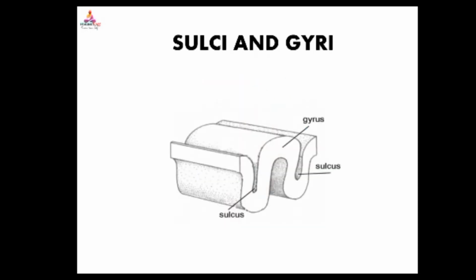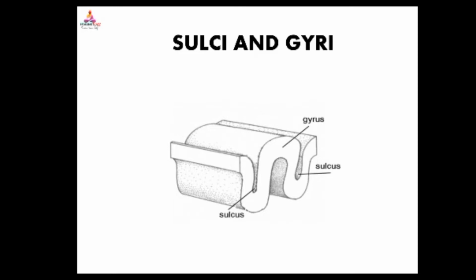Next are the sulci and gyri. The cerebral cortex, the surface layer of gray matter, is highly extensive in man. To accommodate it in the limited space available within the rigid cranial cavity, the surface of the cerebral hemisphere becomes folded, producing numerous convolutions separated by fissures.